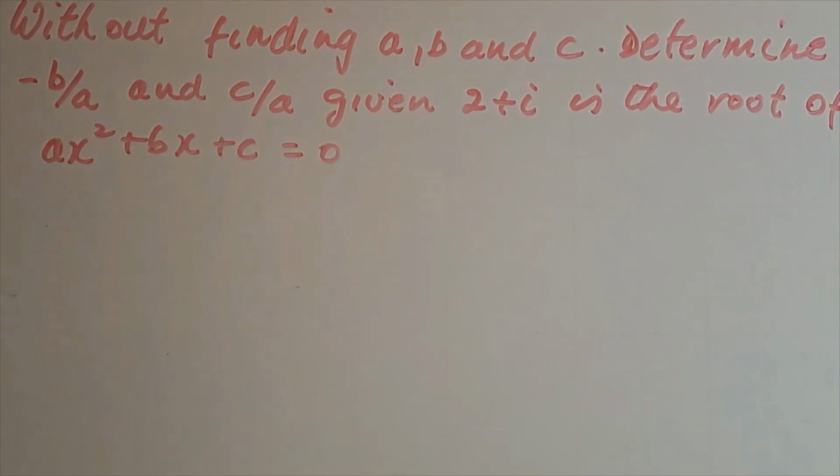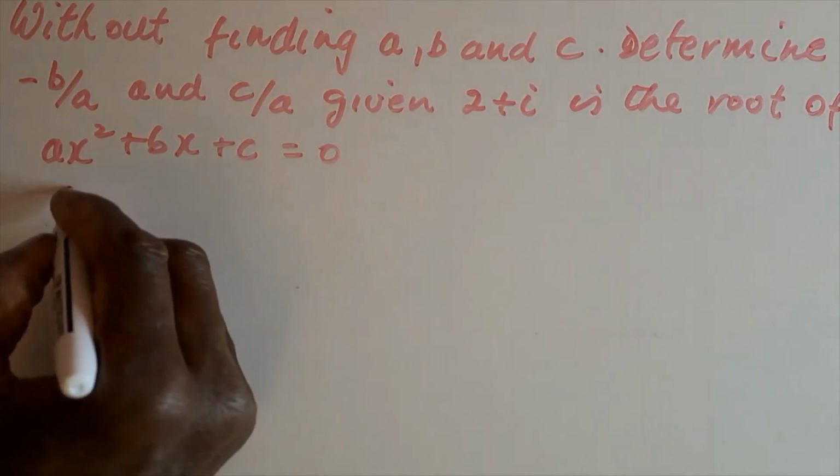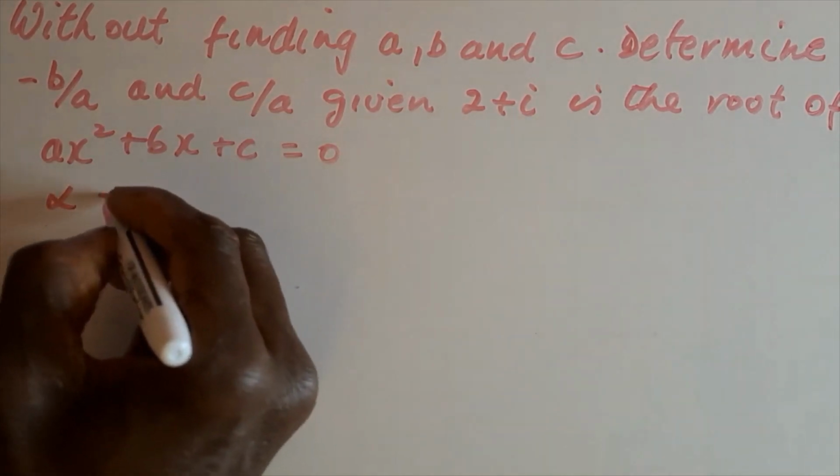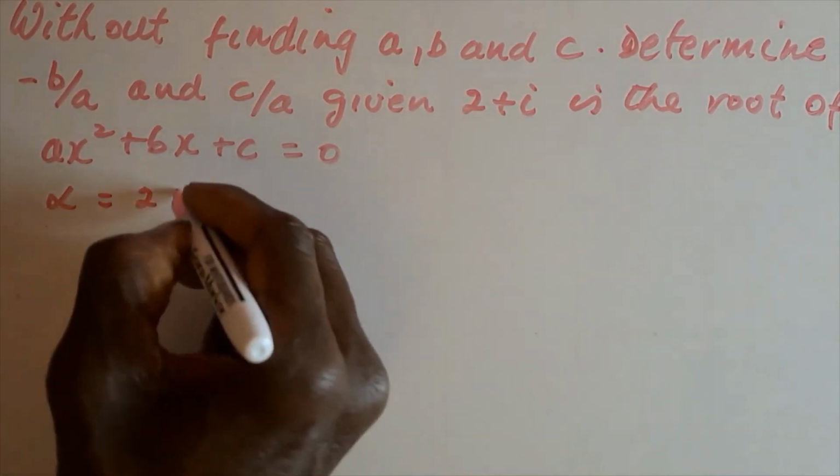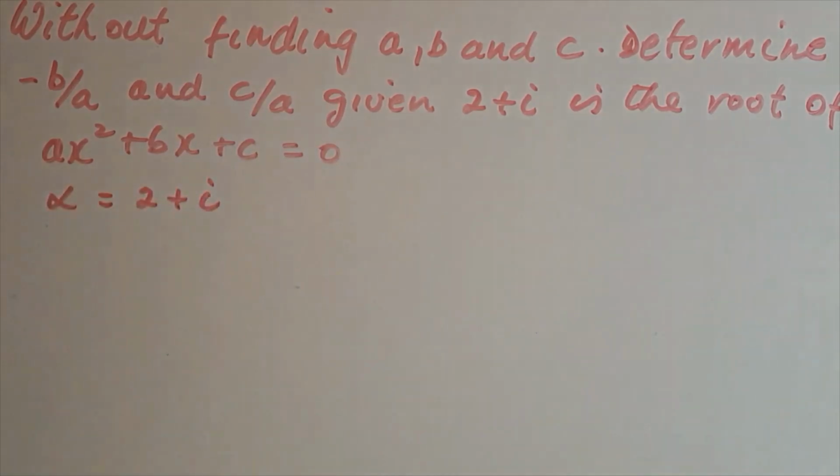Hi. Without finding a, b and c, determine minus b over a and c over a, given 2 add i is the root of ax squared add bx add c. So we have one of the roots, let's call that alpha, and it's equal to 2 add i.